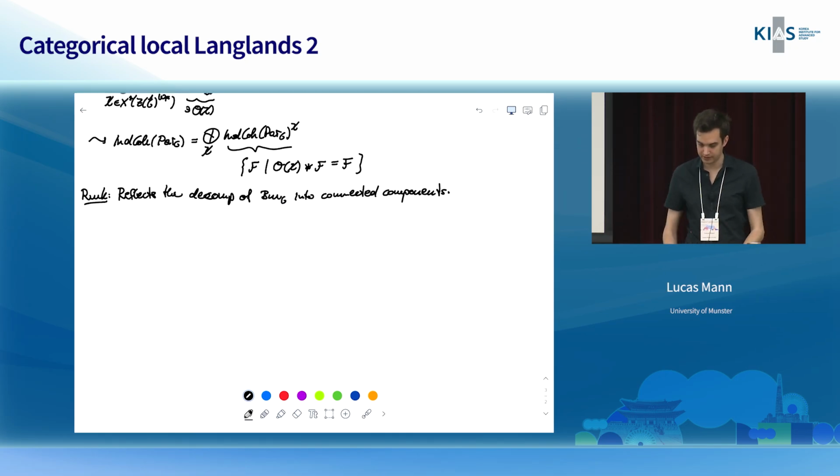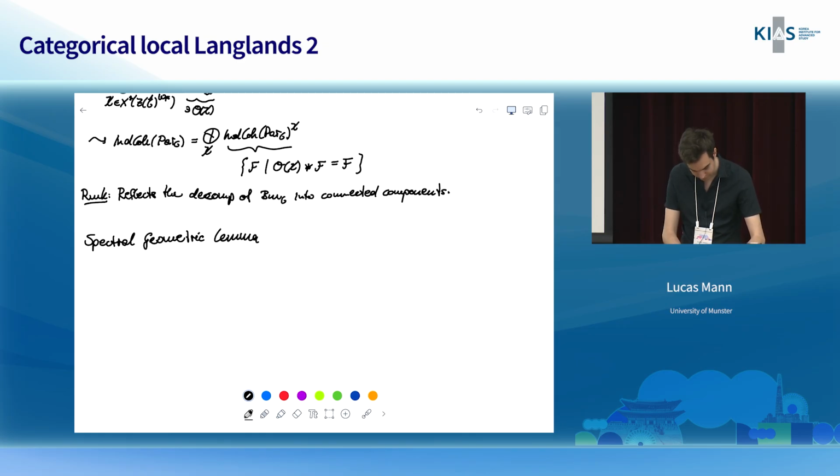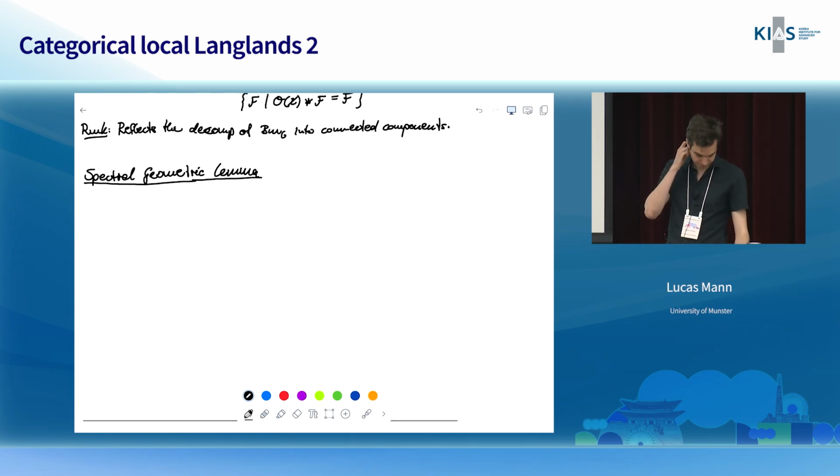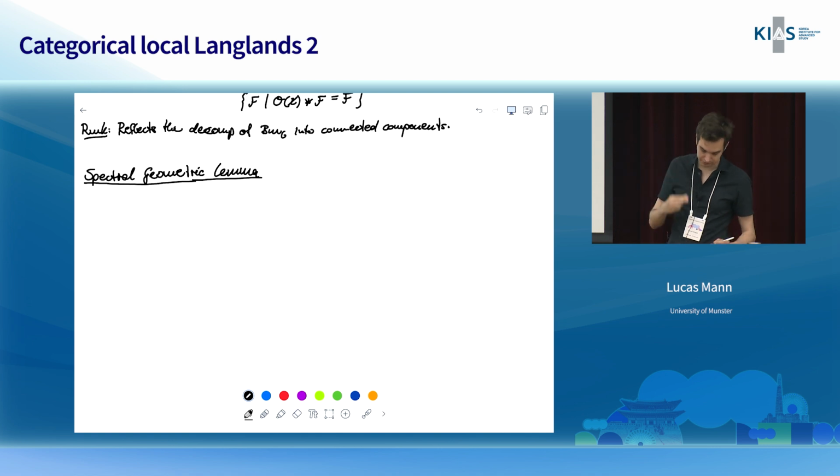Okay, so now I can finally state the spectral geometric lemma. Unfortunately that thing is a bit technical, so I have to introduce a bit of notation, but it's not so bad.